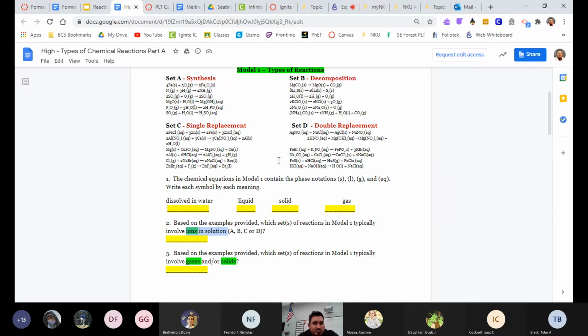So take about 15 seconds. Look at set A. Do you see a bunch of aqueous? Look at set B. Do you see a bunch of aqueous? Look at set C. Look at set D. Go ahead and put it down in the chat box for me when you get the answer.